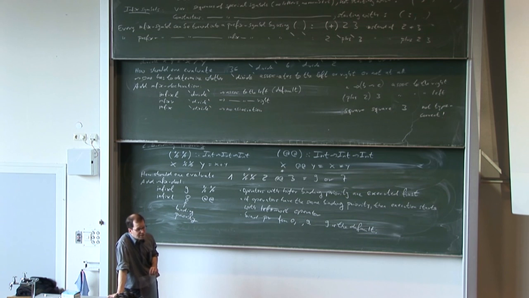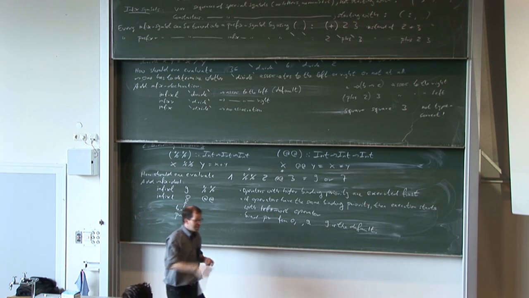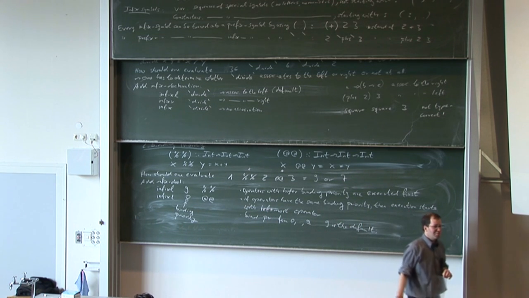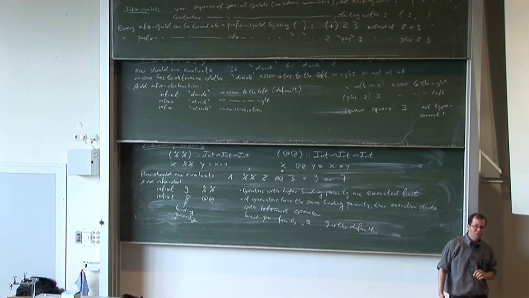So if you take the standard library of Haskell, which comes with typical Haskell distributions, if you just take the prelude, you have it as source code. You can always look into the source code to find it out, or you look into the documentation of your library. Different people write different libraries, and how well they document their library depends on the people who wrote them. So they should give you the binding priorities of the operators they provide.